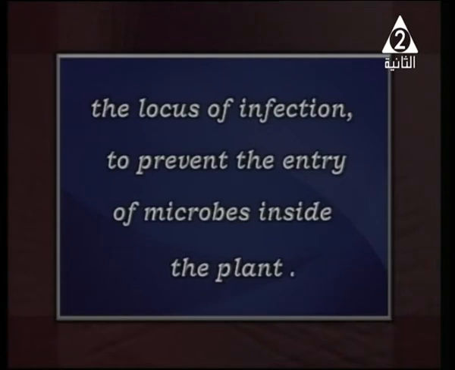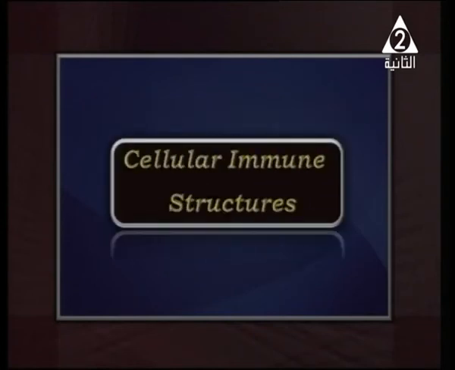The gums are secreted by the plant as a kind of response or activation to prevent the pathogen from entering the adjacent cells inside it, and also to prevent the entry of microbes inside the plant. And what else? The second way, which is cellular immune structures.